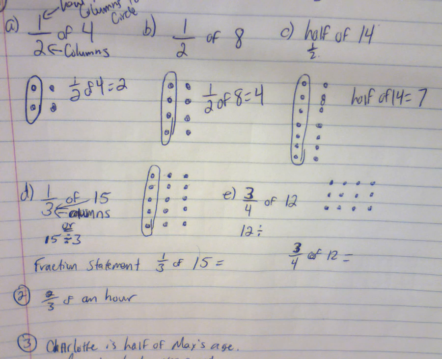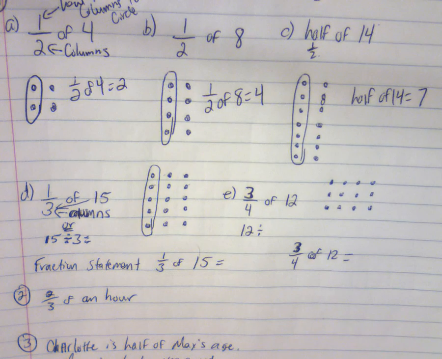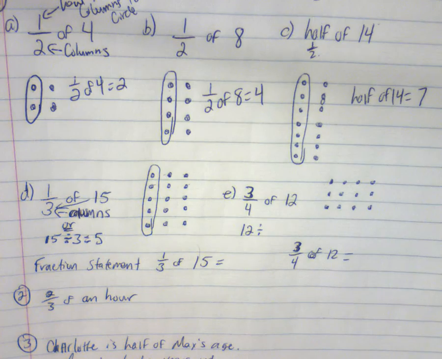So 15 divided by 3 gives us what? Well, if you count up by 3s, 3, 6, 9, 12, 15. I have 5 fingers in the air, so 15 divided by 3 equals 5.